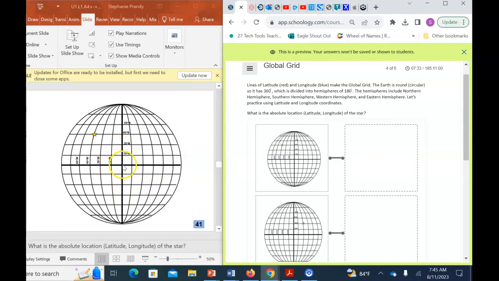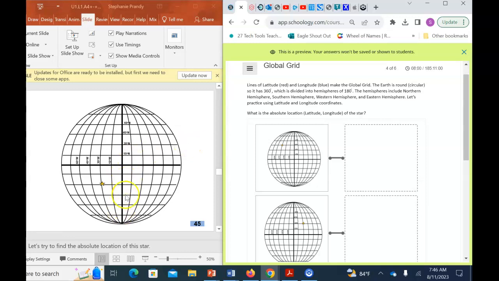So you're going to do your latitude first, 15, 30, 45, and we're going west, longitude, 15, 30, 45. So you should see that as 45, 45. Our next one is 15, 30 north, but this time we're going to the east, 15, 30 to the east.